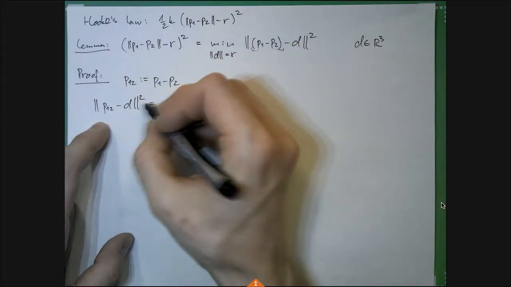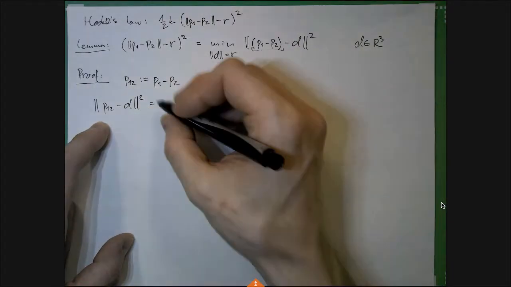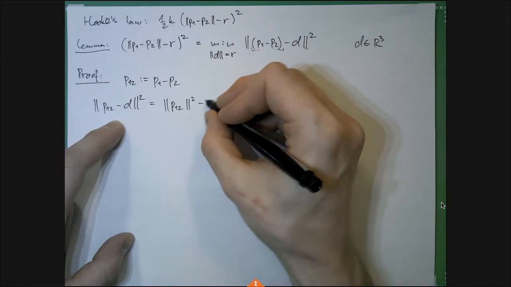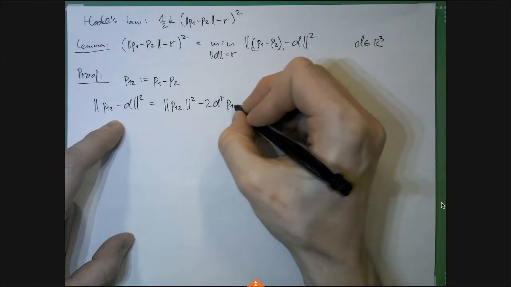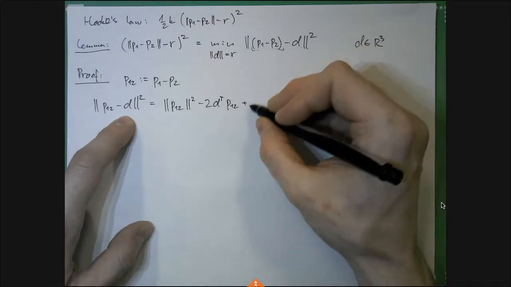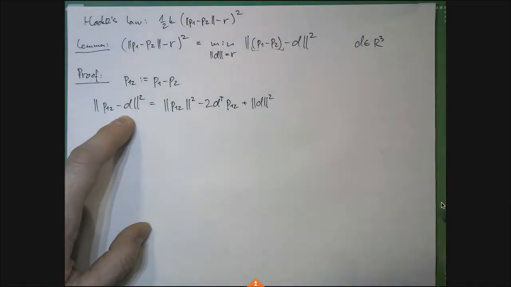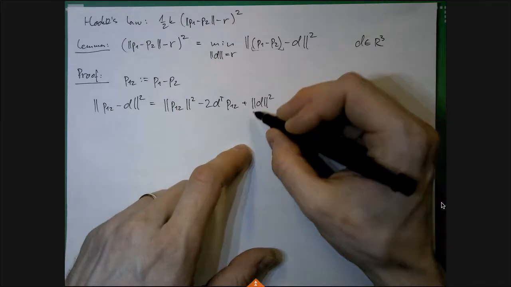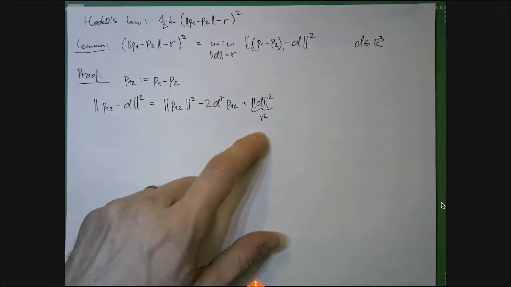And this is just a squared norm of a vector, right? So I can expand it like this. I have minus 2d transpose P1,2 plus the squared norm of d. But I have this constraint that the norm of d is R. So d squared must be R squared, okay?